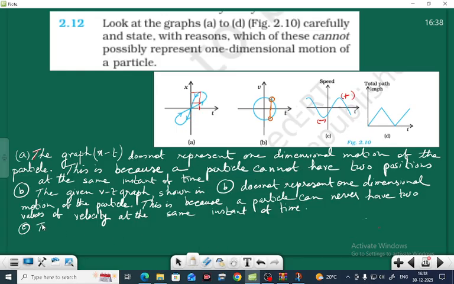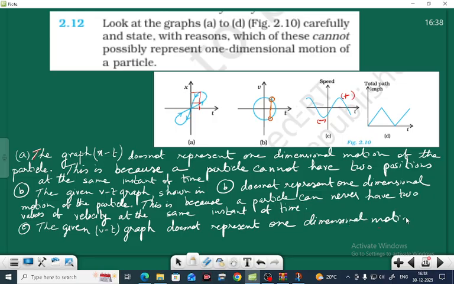The given graph is a speed-time graph. The given graph does not represent one-dimensional motion of the particle.